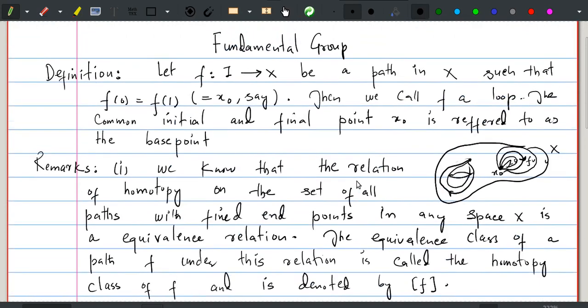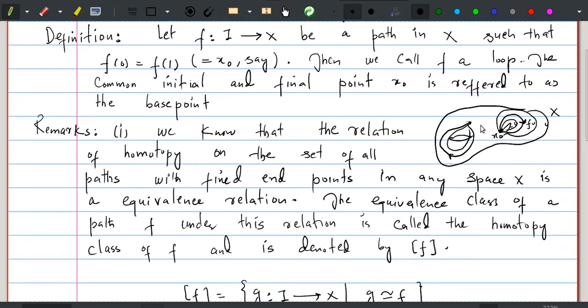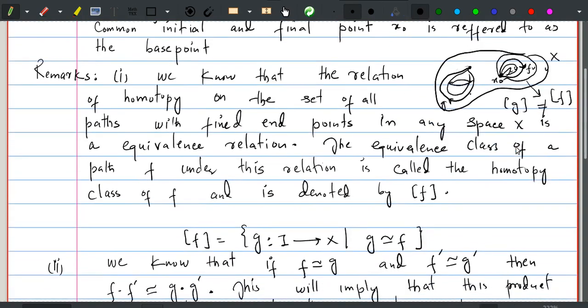So one can see over here, this homotopy class is the homotopy class of F, and suppose this is the homotopy class of G. These two classes are not equal, the reason being F and G are not homotopic. Now why are F and G not homotopic?